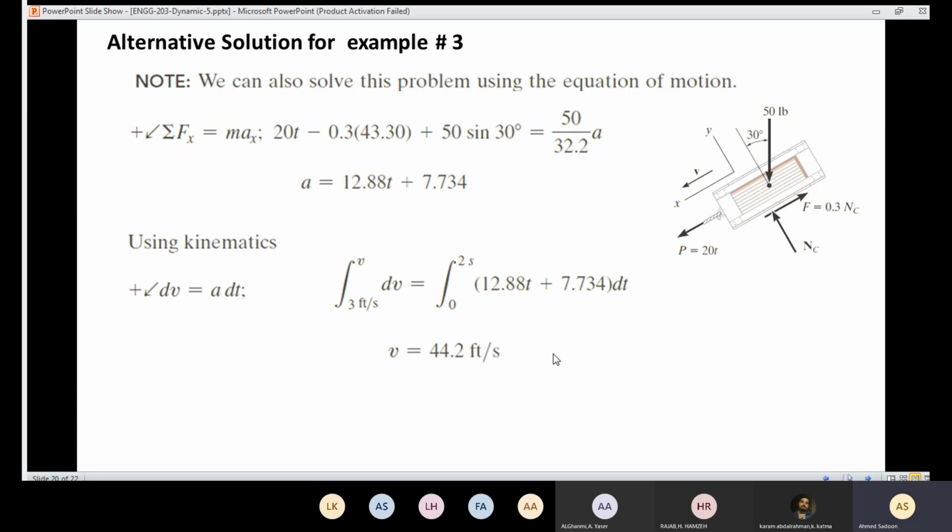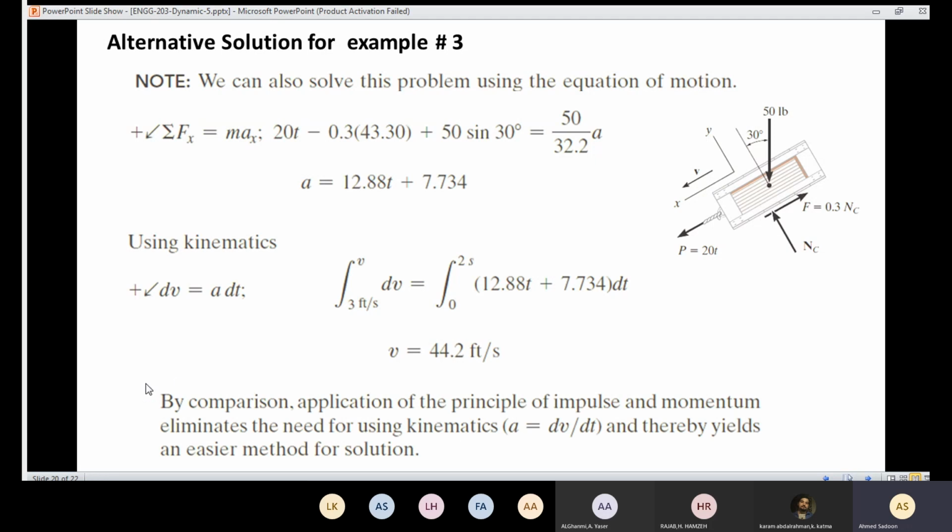So that problem could be solved using the equation of motion, but I need to use the equation of motion and also the kinematics. But if I use the principle of impulse and momentum, I'm going to use only one equation, either in X or in Y, and sometimes both of them.